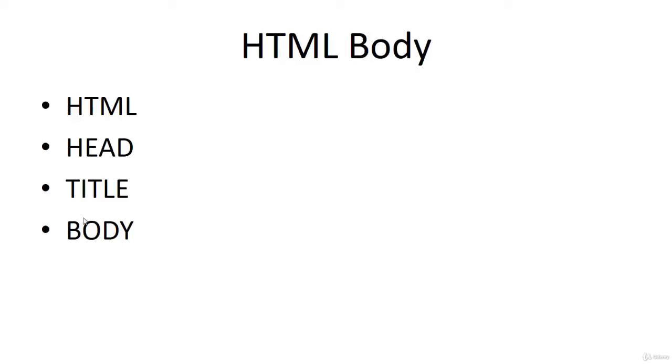This is kind of saying, okay, this is an HTML page, and then the next thing you'll see is the head. If you think about a human body, you have the head, and then right below that, you could have something like a name tag, like the title. And then right below that, you can have a body. And then of course you have your feet and everything like that. So that's probably the easiest way to think about it.